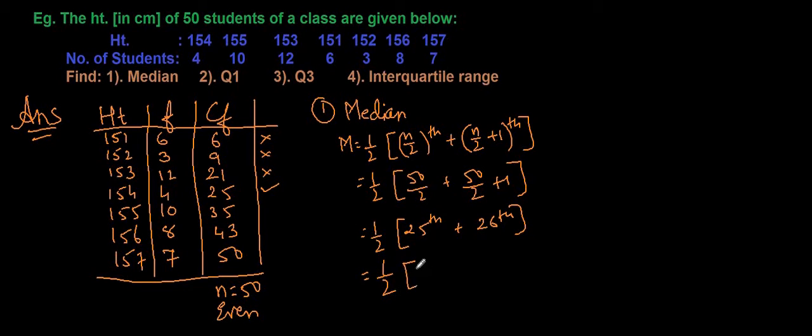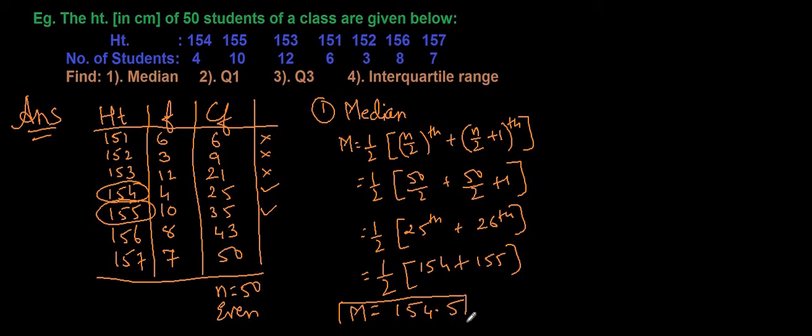So that means it is 154. And the 26th here is 155. If you add and divide by 2, you get 154.5. So this is our M. Okay, so we got M.